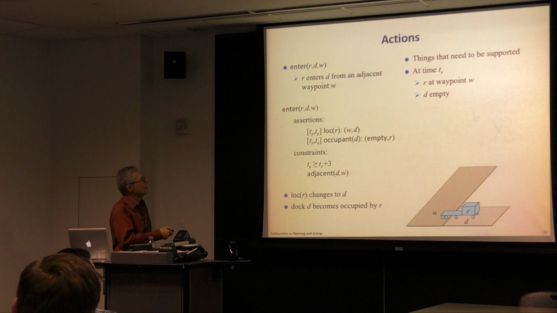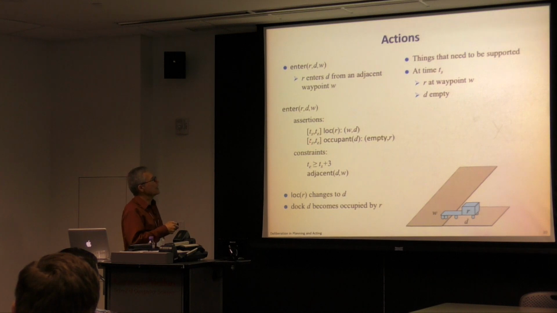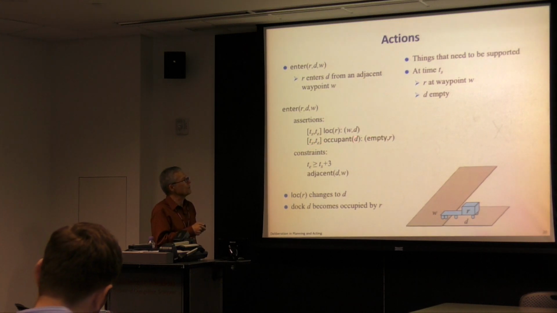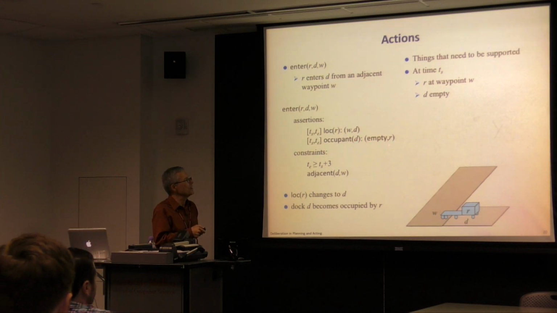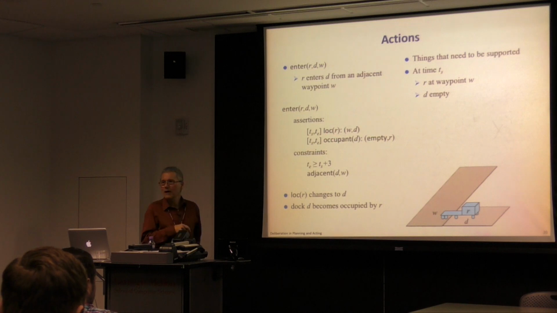The way that we're going to represent it temporally is like this. The assertions are that from the starting point of the action to the ending point of the action, the location of that robot changes from waypoint W to loading dock D. And also, between those same 2 time points, the occupant of loading dock D changes from nothing to robot R. Well, you might ask, why do we have both of these?